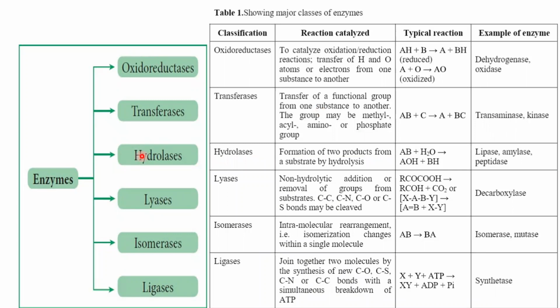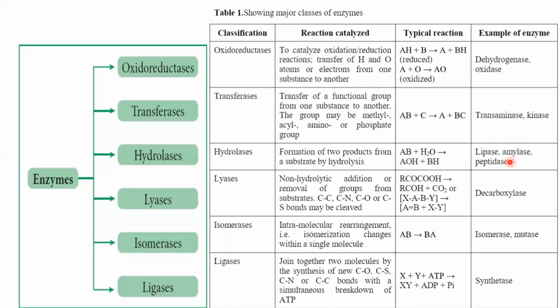Then the third one is hydrolases. As the name states, they will hydrolyze, they will add water to the substrate so that the substrate will convert to a different product. The best examples of hydrolases are lipases, amylases, and peptidases. Say, for example, lipids are water insoluble.